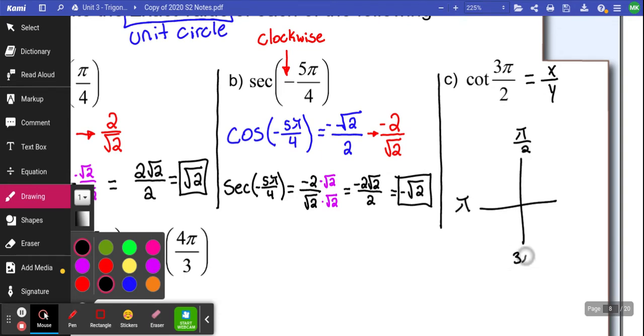This is 3 pi over 2, down here. That point is at (0, -1). The reason I know it's negative 1 is because the radius on my unit circle is 1. So if I went straight down from the origin, that's a distance of 1.